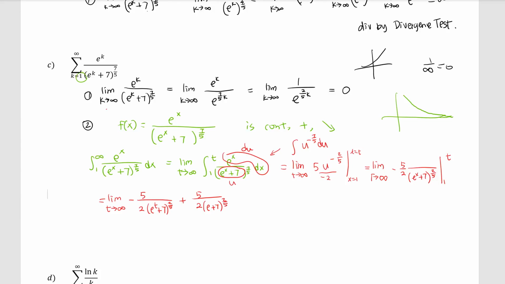Okay, when t goes to infinity, because our denominator goes to infinity, this guy goes to 0. Yay! So our answer is 5 over 2 times e plus 7 to the 2/5, and it is a finite number. So if the improper integral is a finite number, we say it converges.